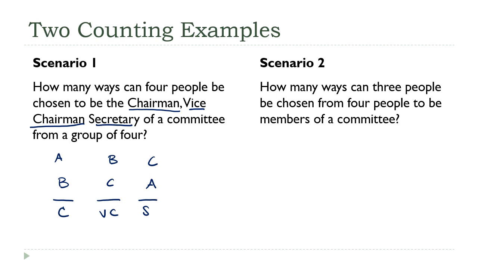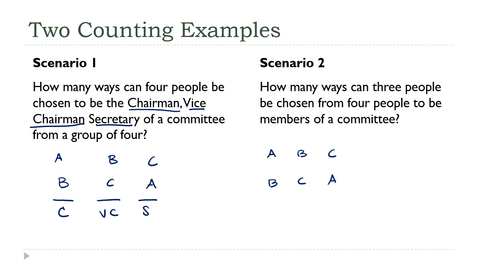In scenario 2, as I said a minute ago, there is no ordering here. I'm just picking these people, and they all get to be equal members of the committee, with no special responsibilities, no special votes, or anything. So in scenario 2, if I choose Alice, Bob, and then Charlie, versus Bob, then Charlie, then Alice, there is no difference between these two.